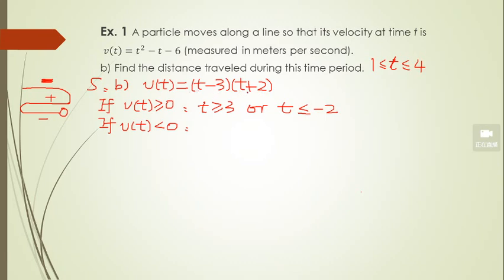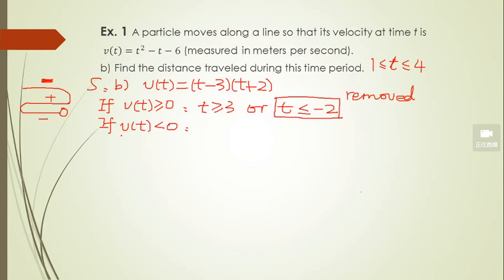So both negative also gives the velocity is positive. But t is negative, so this part should be removed because it's about time, and time should always be non-negative. So the velocity is non-negative when t is greater than or equal to 3 seconds.